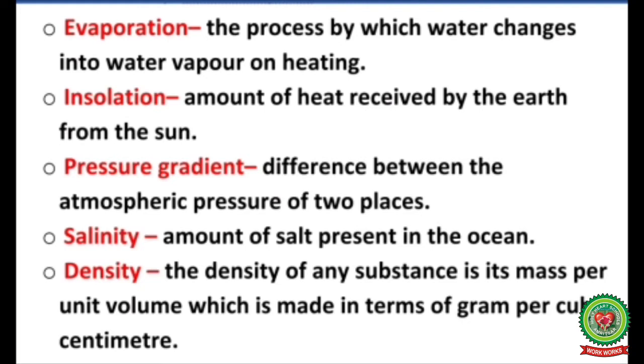The process by which water changes into water vapor on heating. Insolation. Amount of heat received by the earth from the sun. Pressure gradient. Difference between the atmospheric pressure of two places. Salinity. Amount of salt present in the ocean. Density. The density of any substance is its mass per unit volume, which is expressed in gram per cubic centimeter.